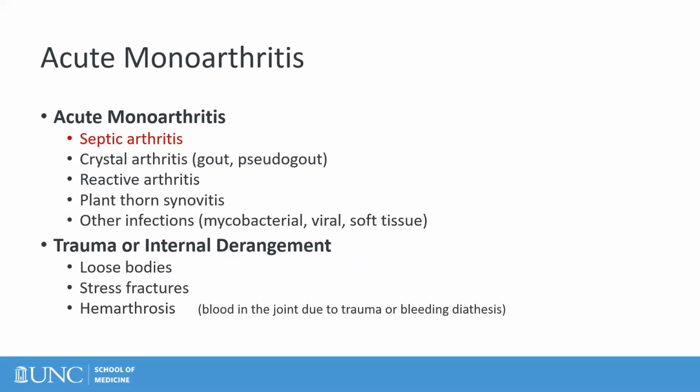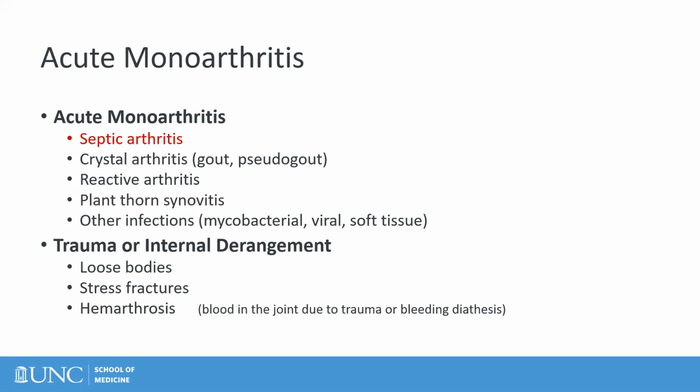A reactive arthritis can present as an acute monoarthritis, but may turn into an oligoarthritis eventually. Plant thorn synovitis is very rare. I've seen it just a handful of times in my career, and usually the patient will say, I was working out in the garden and I got stuck by a thorn, so it's not generally a big diagnostic dilemma, but it can happen, but it's rare.